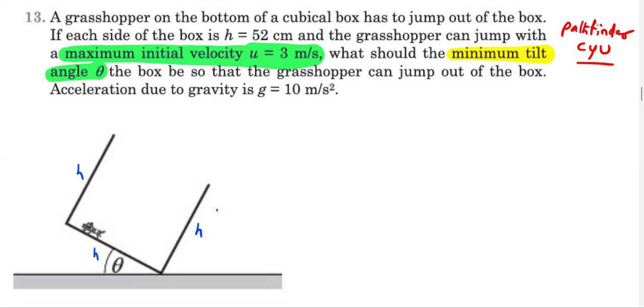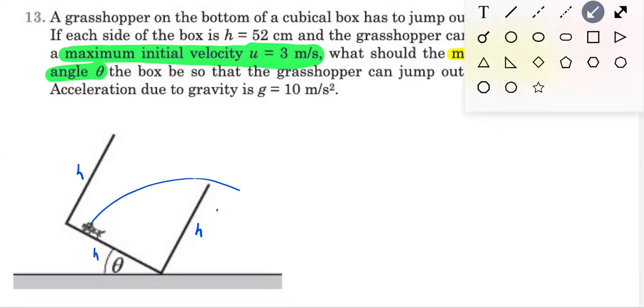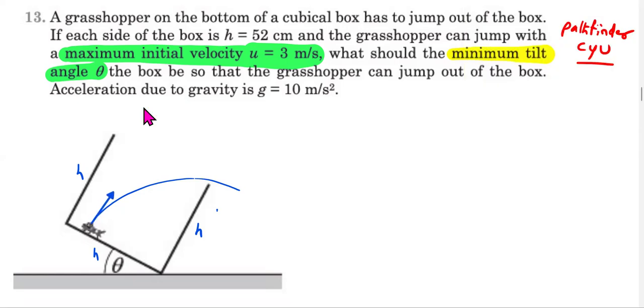So let's assume that the grasshopper will move in a path like this. And how it is projected, it is going to jump with a velocity. Now you have to ask why you are assuming this particular angle.